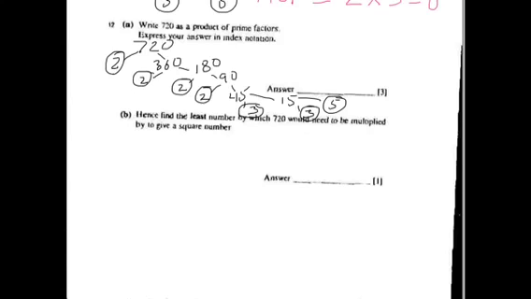So we've got 1, 2, 3, 4, so it's 2 to the power of 4 multiplied by 3 squared multiplied by 5.